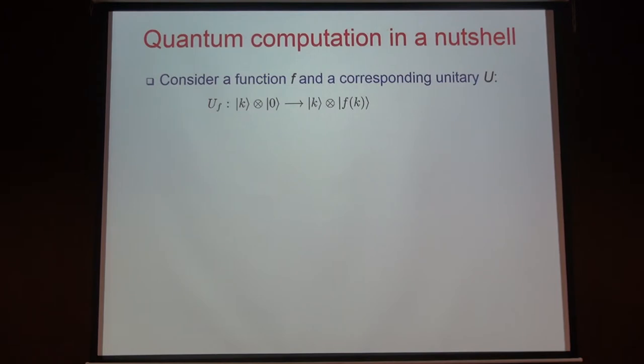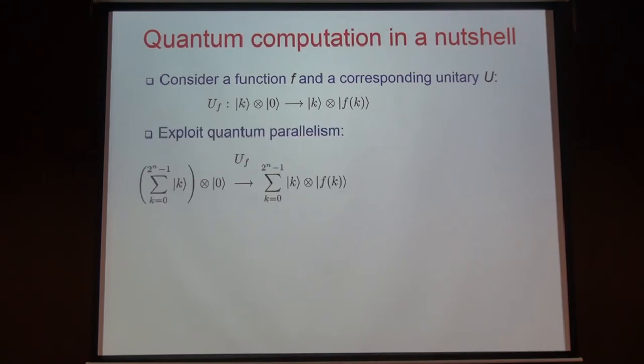So suppose I have this unitary evolution that takes this input to that output. Now I want to consider superposing my input from 0 to 2^n minus 1. Then I apply the same gate, just with a different input. Then I will get a huge superposition of my inputs and my answers.